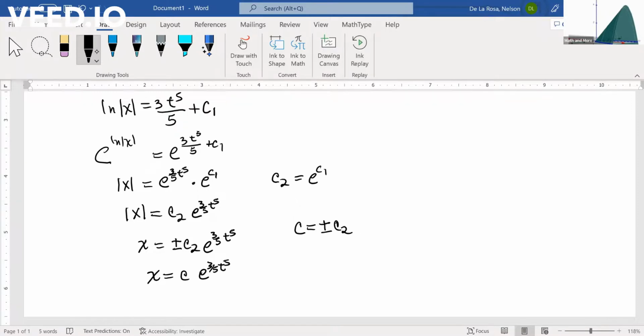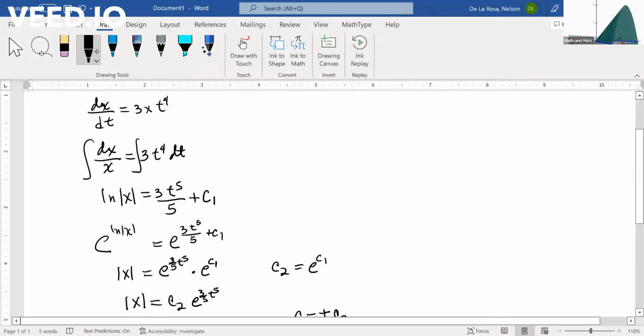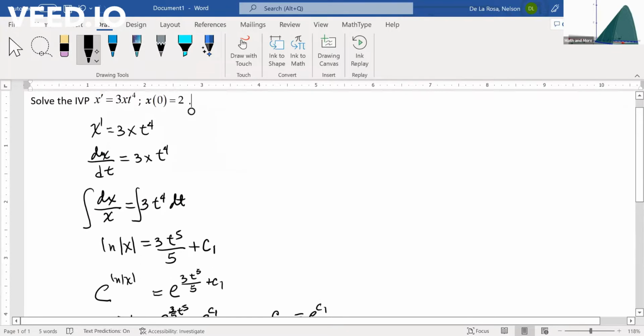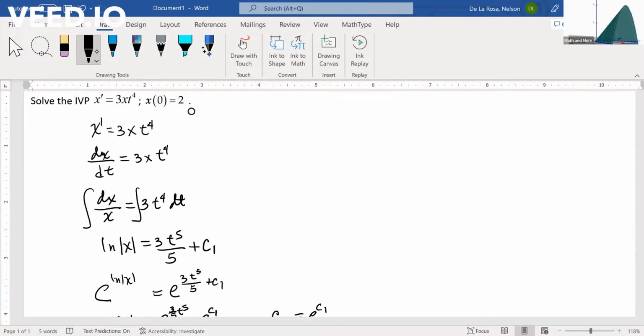But recall, the direction of the problem implies that we need to solve an initial value problem where an equation is given, the equation is already solved. Now we have to apply the condition x at 0 equals 2 so that we can find the exact value of c.